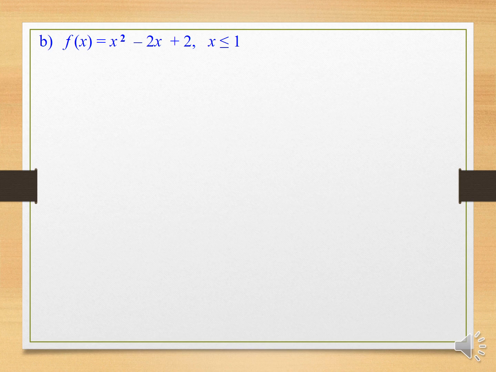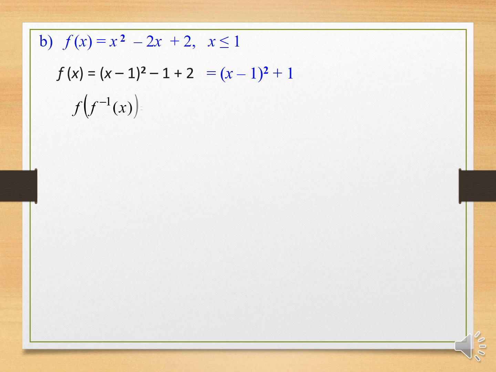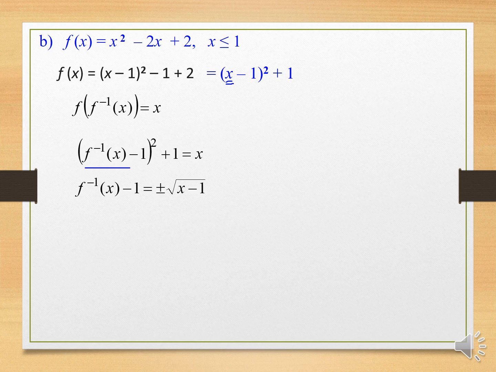Now, for the case domain x less than or equal to 1, by using completing the square as a preparation to make x the subject, we get f(x) equals (x minus 1) squared plus 1. By applying the concept of composite function, f composite f inverse(x) equals x, we get (f inverse(x) minus 1) squared plus 1 equals x. Now, let f inverse(x) be the subject.